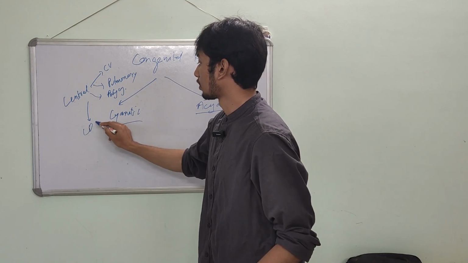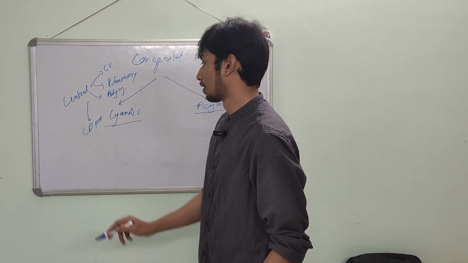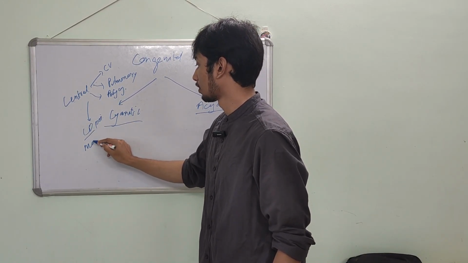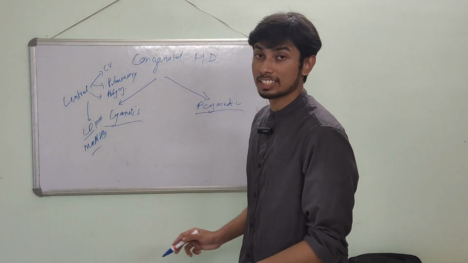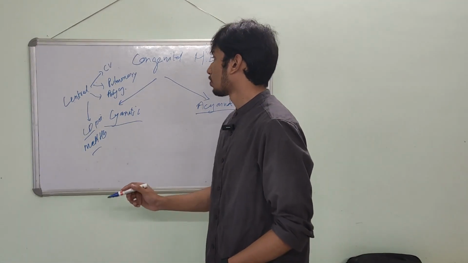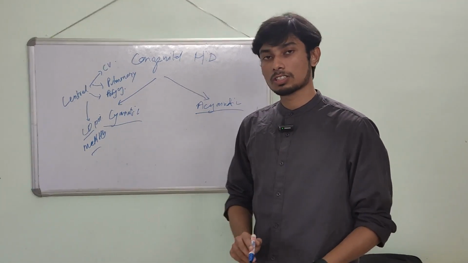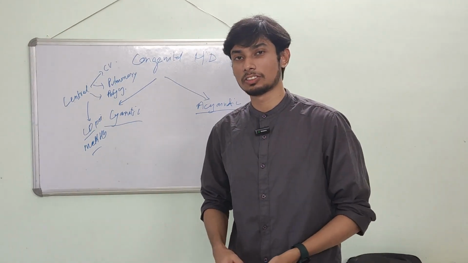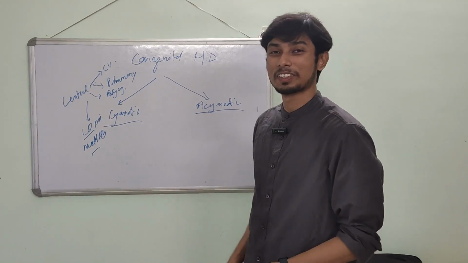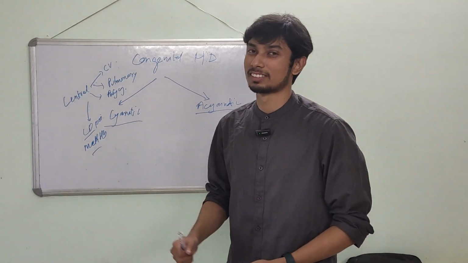CO poisoning or methemoglobin, etc. Or HbM might also be there. Coming to the cardiovascular causes of central cyanosis, it may be due to heart failure, or what we are talking about, cyanotic heart disease.